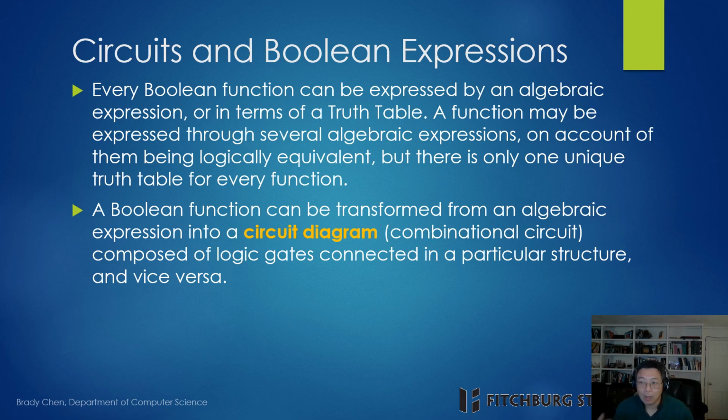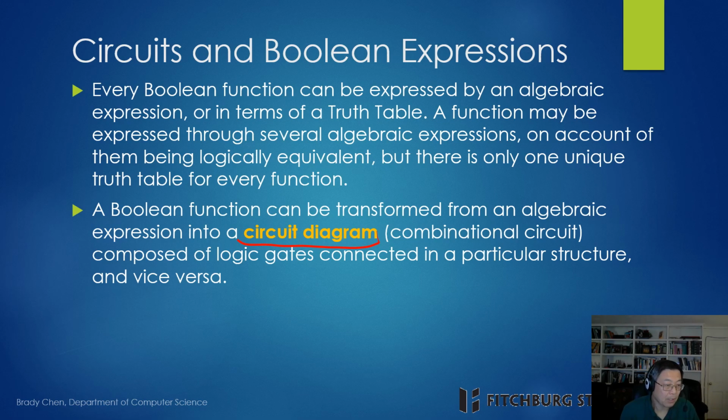Now, on the other side, a Boolean function can be transformed from an algebraic expression into a circuit diagram. The circuit diagram, we're going to draw using various different symbols for the gates. We call it a combinational circuit.